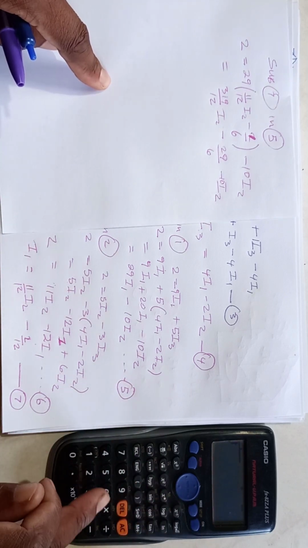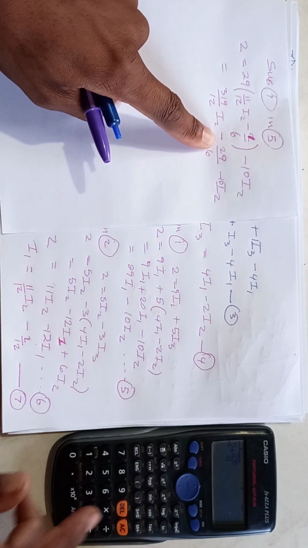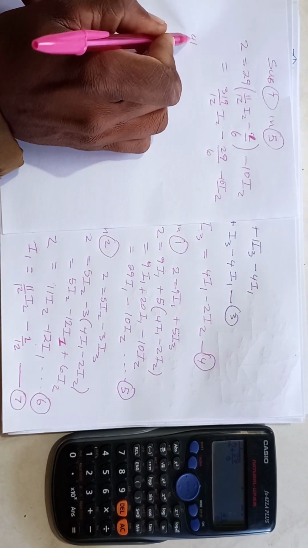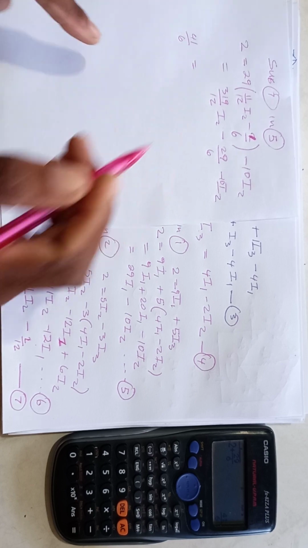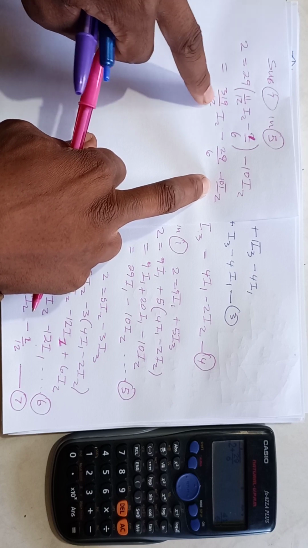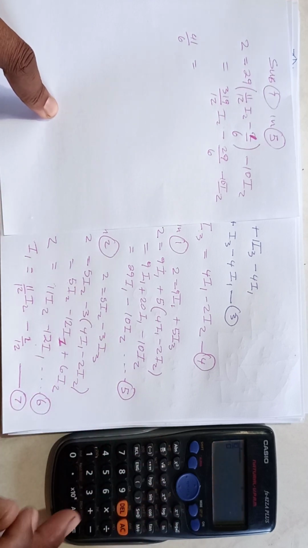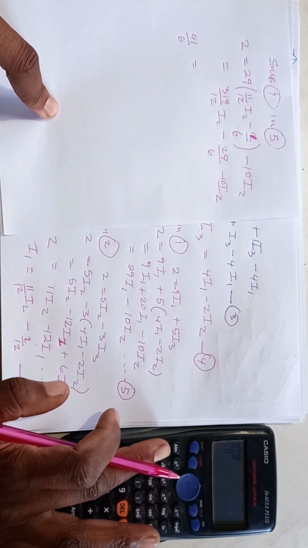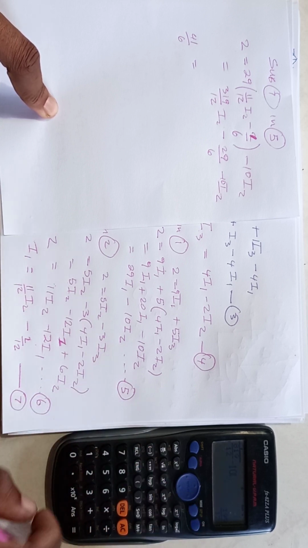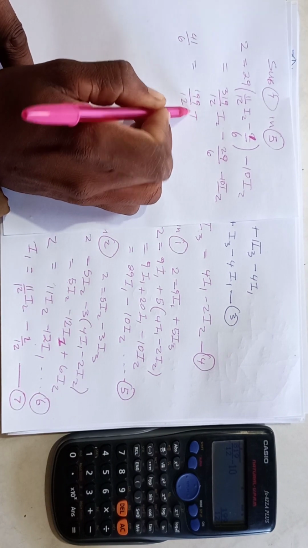We'll have 2, this will become positive, plus 29 divided by 6, and this becomes 41 divided by 6 equal to, here we're minusing, so we have 319 over 12 minus 10, because positive and negative will subtract. So 319 divided by 12 minus 10 is equal to 199 divided by 12 I2.